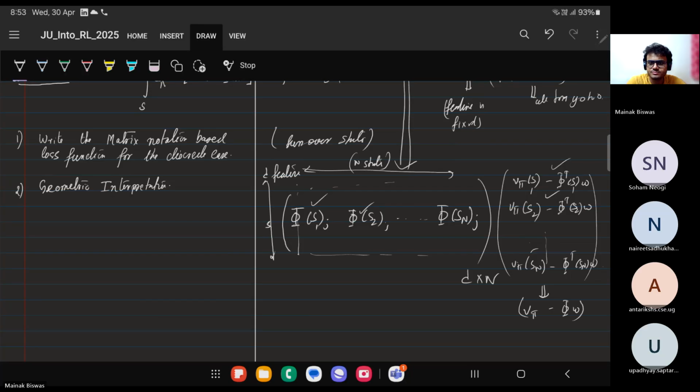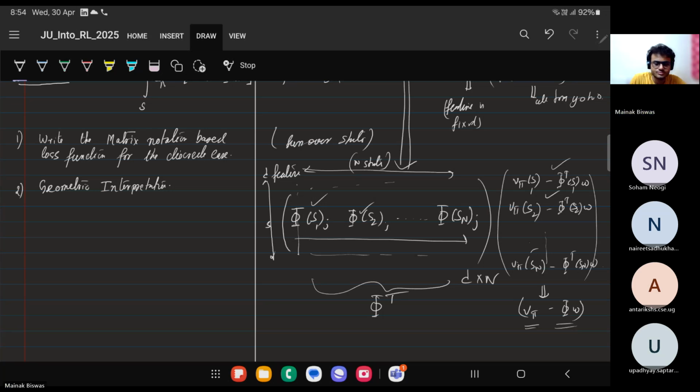That's it. This is just the difference of the value function minus the linear combination of the matrix phi into w. Clear? And this matrix is phi transpose. It's d cross n, and we are writing down the features row wise, which was initially column wise.